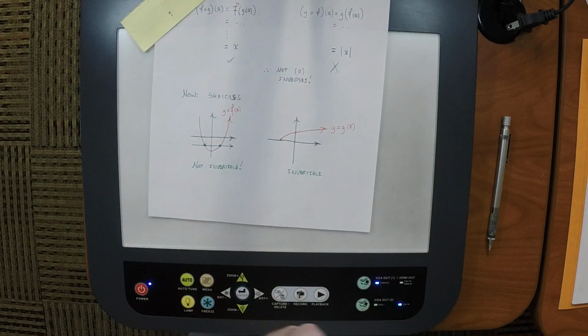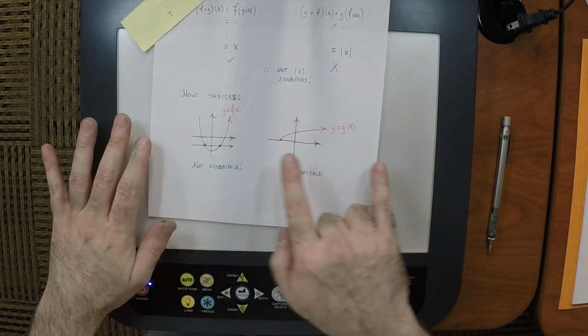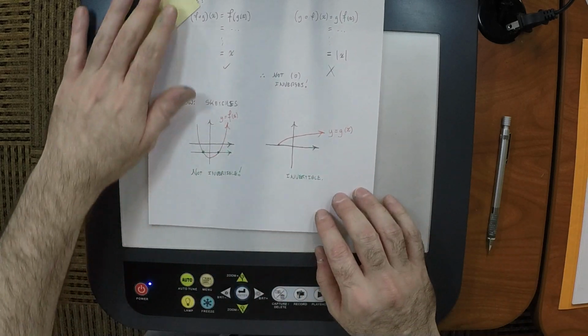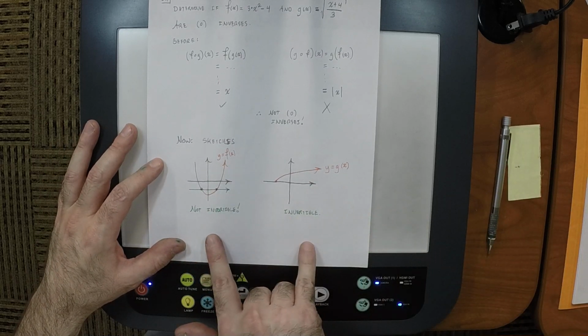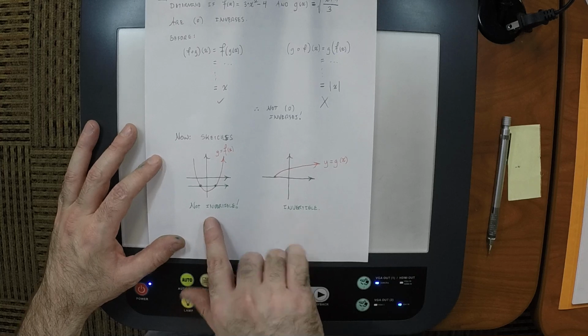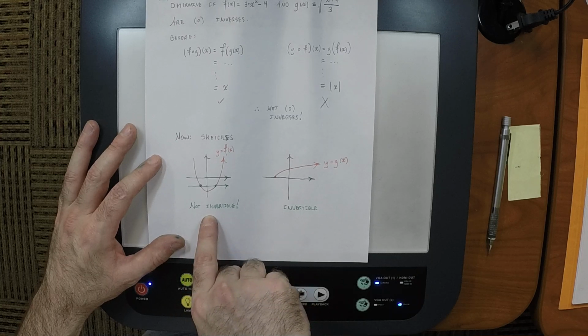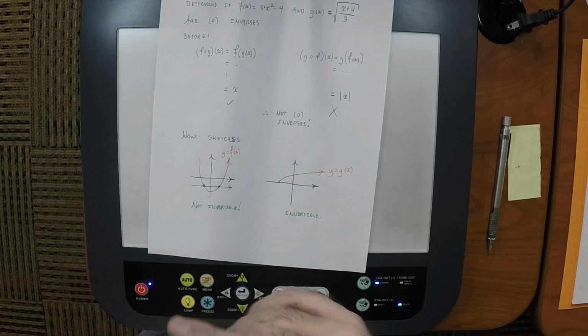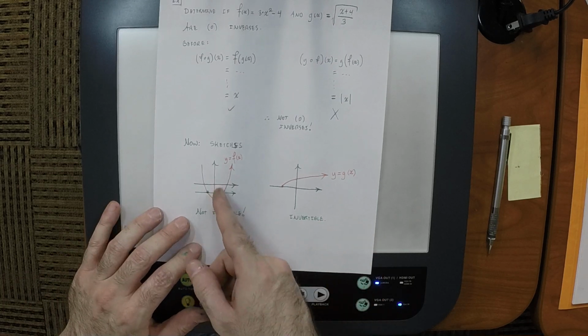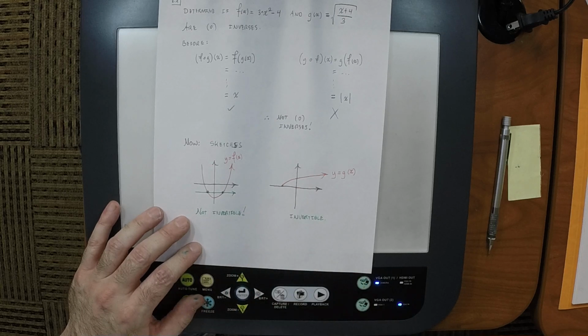So now what we're looking at is two functions, sketches of them, and now I can ask the same question. Could f and g be composition inverses? And the answer is no, because f doesn't even have an inverse. So they couldn't possibly be inverses of each other. F doesn't have one, so g's definitely not it.